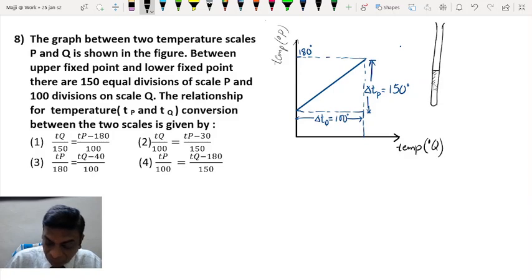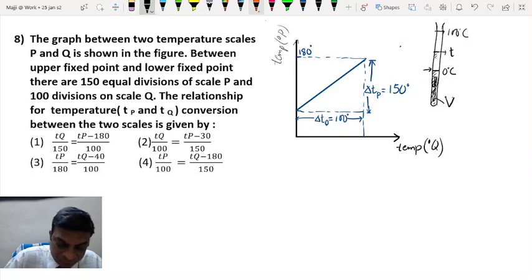Let us say the volume of mercury is V, and this is the level of mercury at 0 degrees Celsius. Then this is the level of mercury at any T degree Celsius, and this is the level of mercury at 100 degrees Celsius.